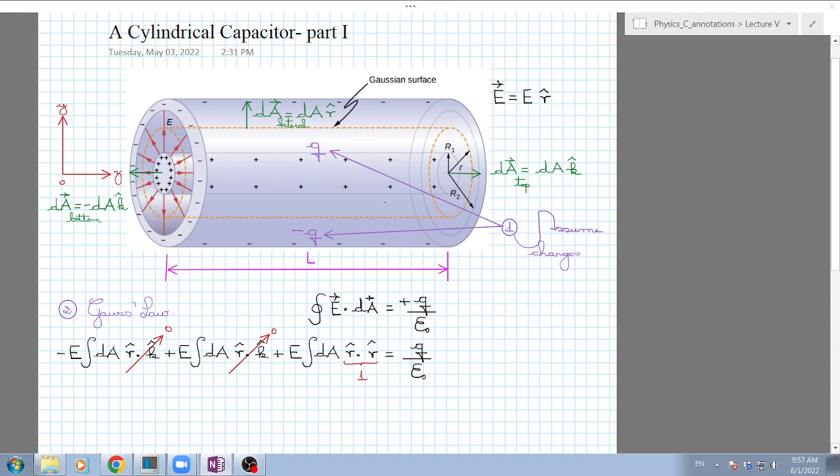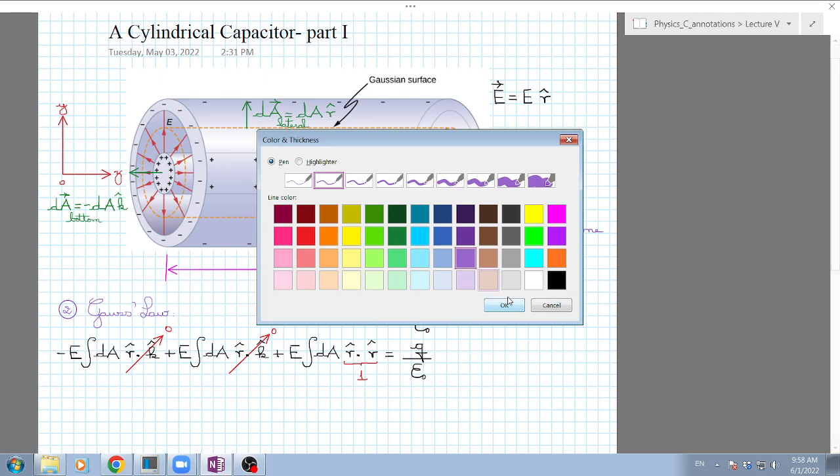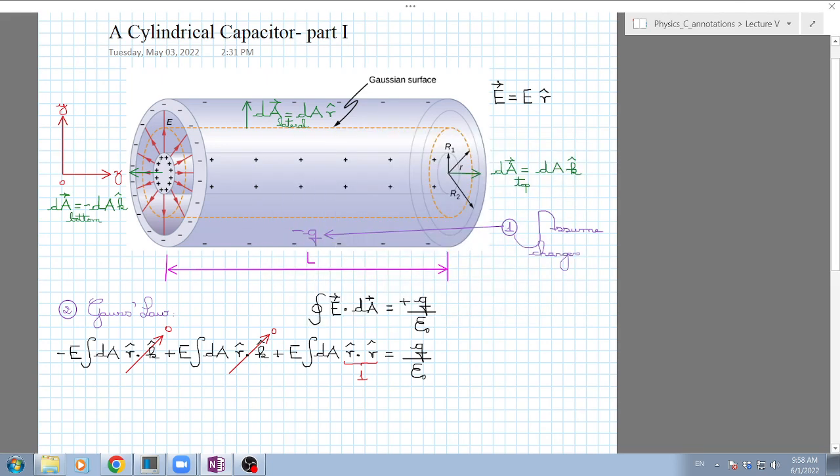Oh man, that should be correct. This here is positive charge plus Q. The cylinder outside is minus, but it doesn't matter much.